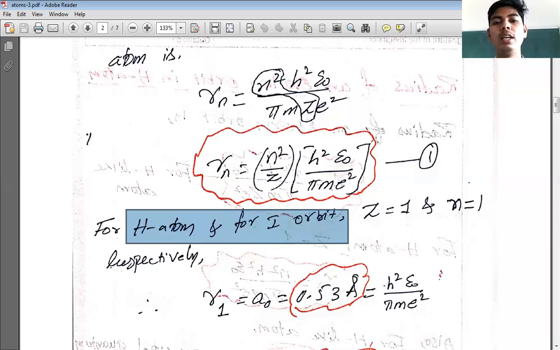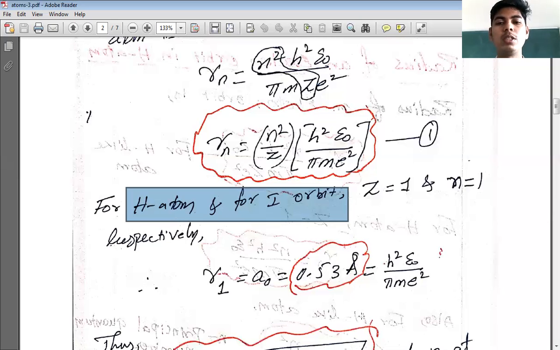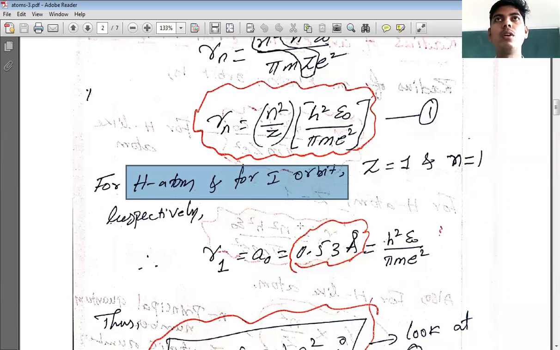If you express it in angstrom, it will be the radius of the first orbit of a hydrogen atom. The radius of the first electron orbit in a hydrogen atom will be 0.53 angstroms. Remember this: the value of h square epsilon naught divided by pi m e square is 0.53 angstrom.